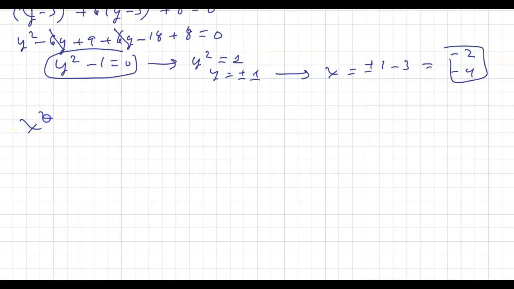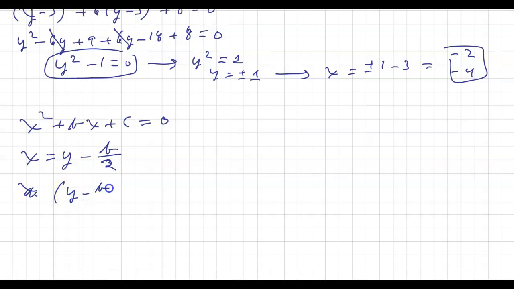In general, x squared plus bx plus c equals 0. If you replace x with y minus b over 2, your equation will turn into y minus b over 2 squared plus b times y minus b over 2 plus c equals 0.